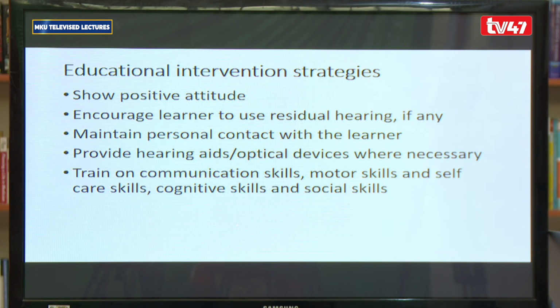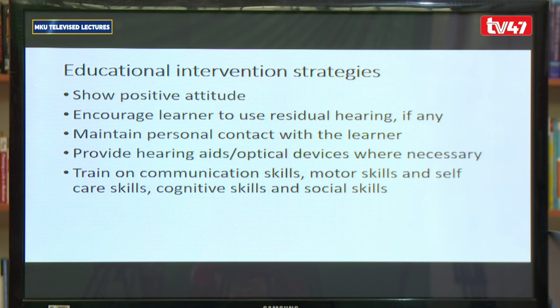Maintain personal contact with the learner. It is very good to be very close to them so that they feel that they also belong. And provide hearing aids or optical devices where necessary. If their loss of sight can be improved by optical devices, provide them. If their remaining hearing can be improved by hearing aids, provide them where possible.